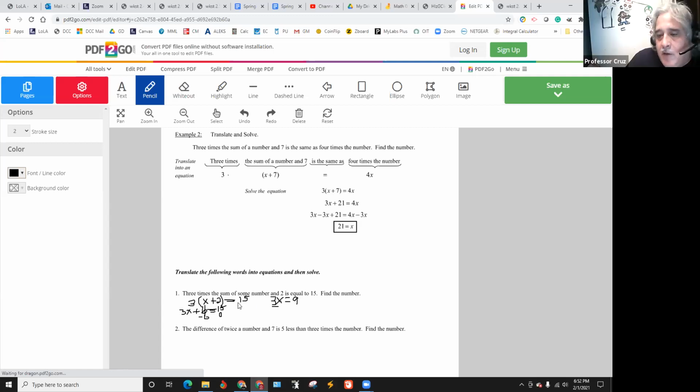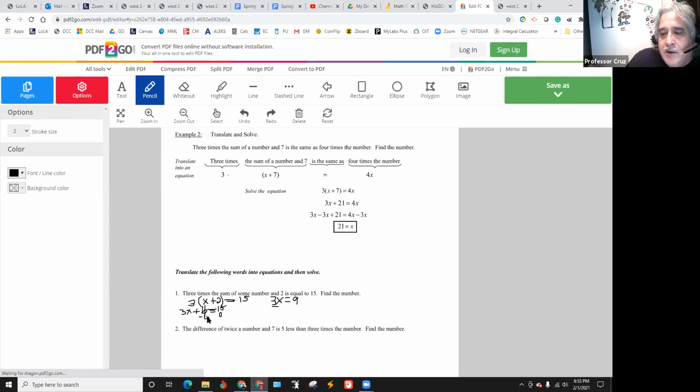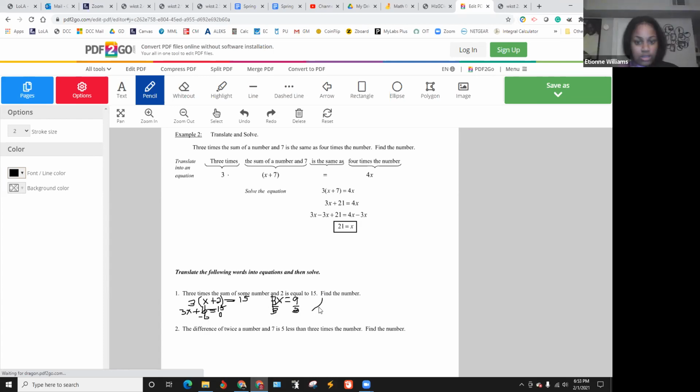Where do you see a negative? It says is equal to 15, because we're subtracting 6? Well, 15 minus 6 is positive 9. So x is equal to 3. And you can put it back in there: 3 plus 2 is 5, 3 times 5 is 15. So it works.